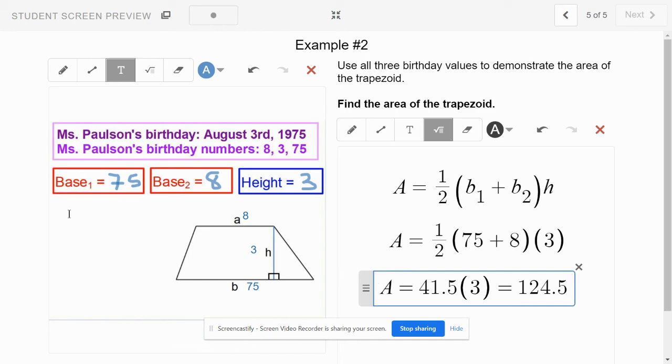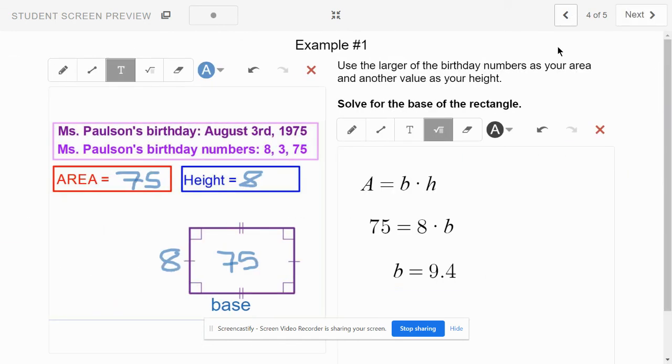One thing I just forgot on my other page were units. So please make sure you have given some kind of units. I'm going to give all of these units meters. And so this would be meters squared if I have the area. And then the final answer will be 9.4 meters.